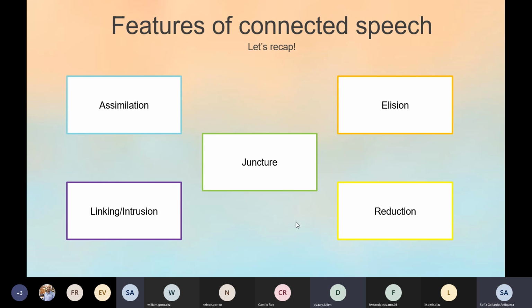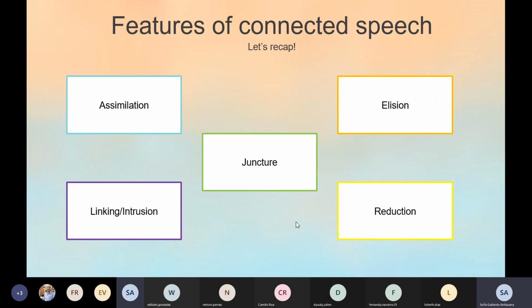Adding an R. Yes, that's correct. Thank you very much. That was spot on, the definition. That was really clear. So thank you very much.